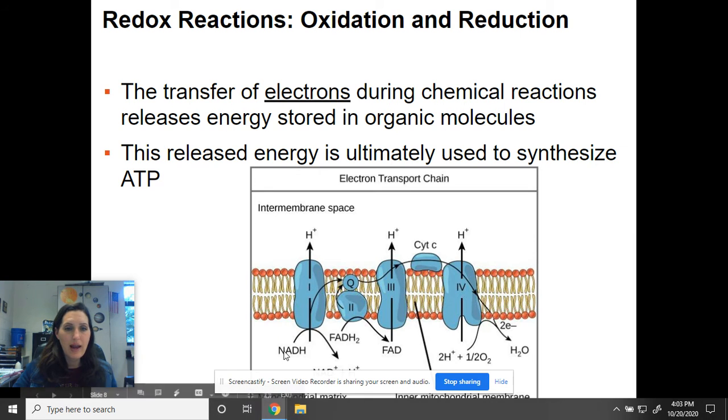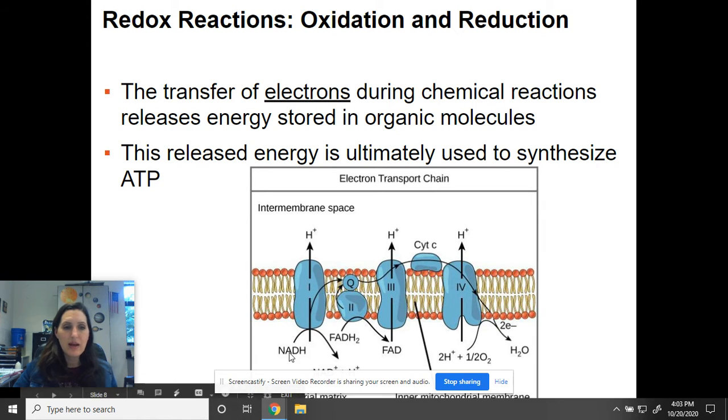So we're going to look at how these guys right here, NADH and FADH, work. These two are called electron carriers. Remember, they're carrying that hydrogen. That hydrogen gets dropped off and it pops through these transport proteins. Very much like electricity moves through wires.